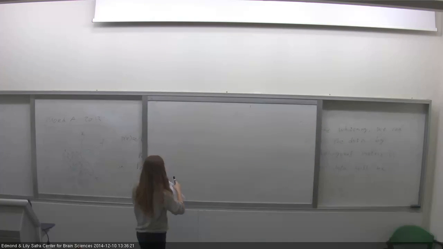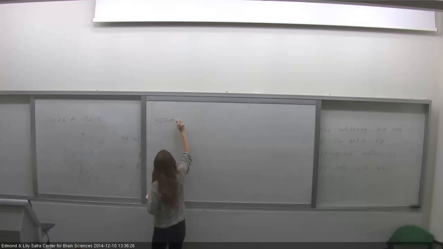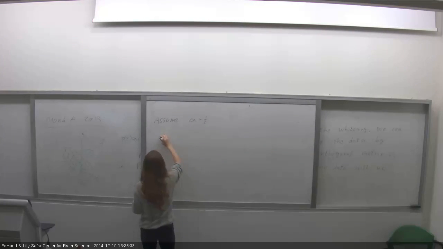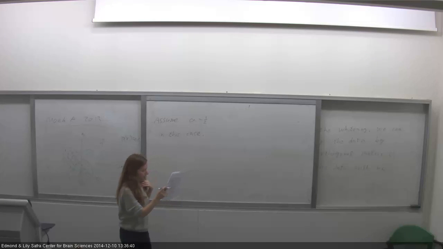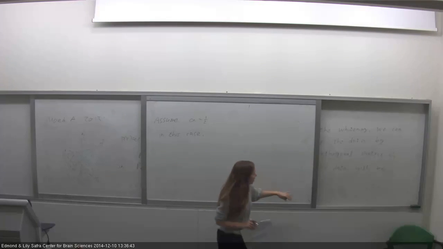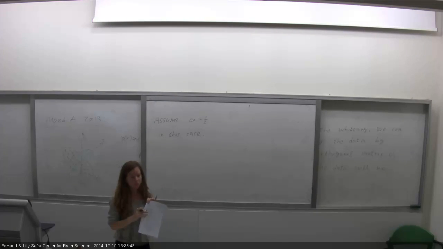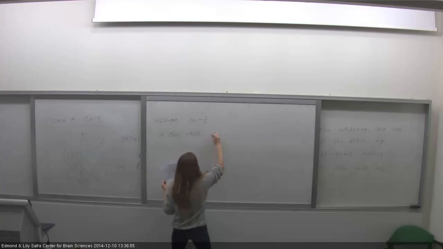So in this case, where alpha is equal to half, the general form of the whitening matrix is just a rotation. It's just a rotational matrix.